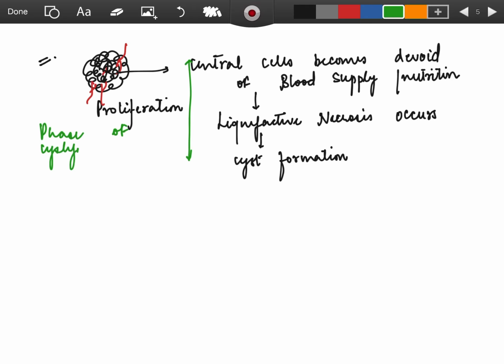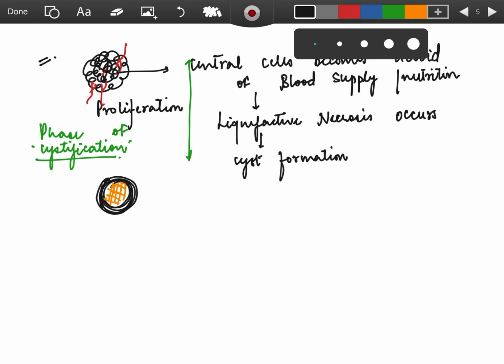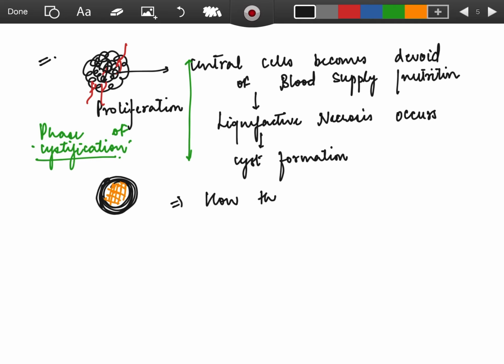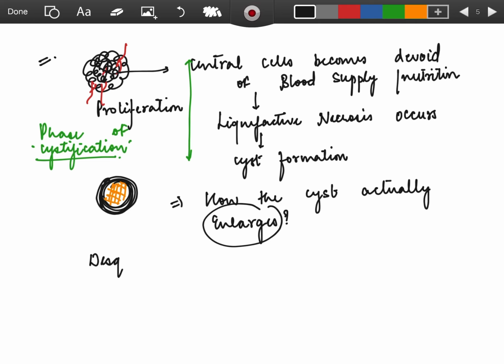Now in the center we have the cyst, and the cyst is lined by epithelial cells, and there occurs desquamation of these epithelial cells. How does the cyst enlarge? By desquamation of the epithelial cells or inflammatory cells into the cystic lumen.